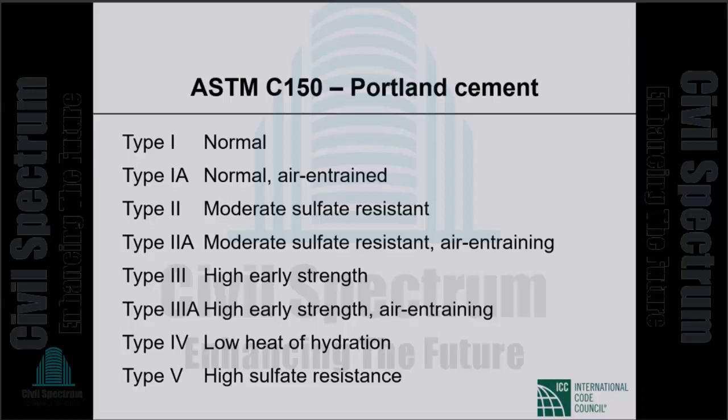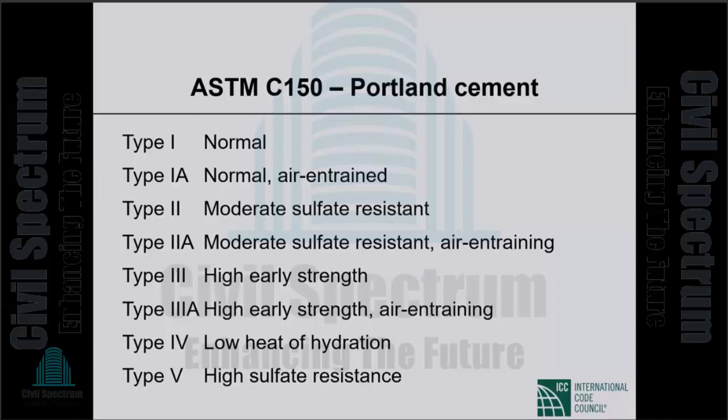And then for types 1, 2, and 3, there is air entrained cement. Entrainment of air in the cement is for freeze-thaw resistance. You do not have that problem in Bangladesh. But in much of the US, the entire northern part, concrete freezes and then thaws and then freezes again. That causes a lot of damage.